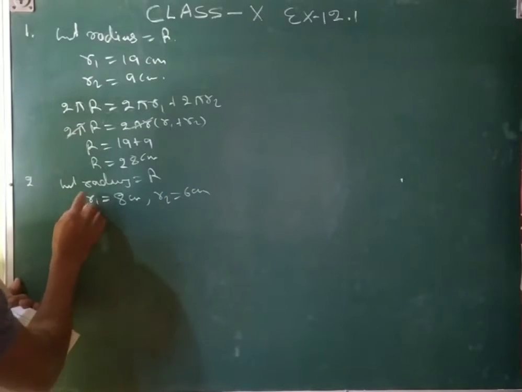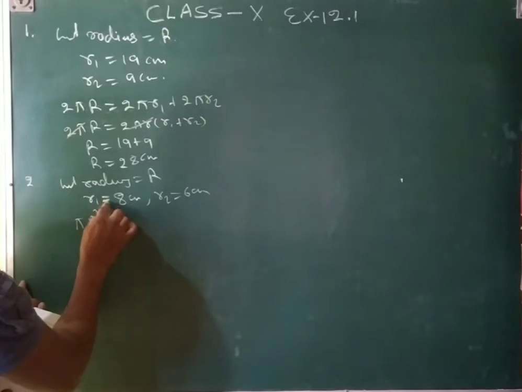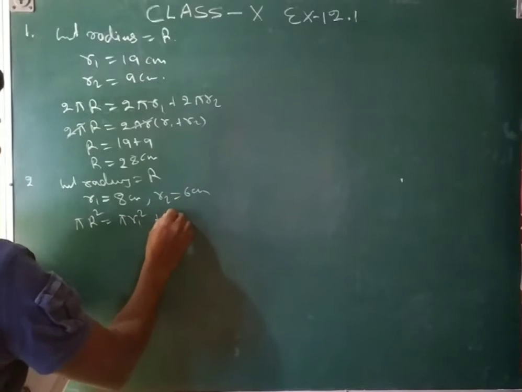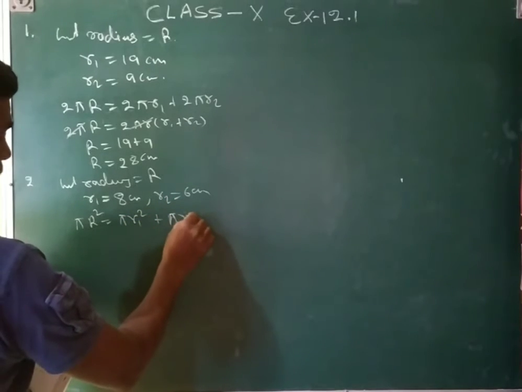So for this circle pi r square is equal to, for this circle pi r1 square plus for this circle pi r2 square.